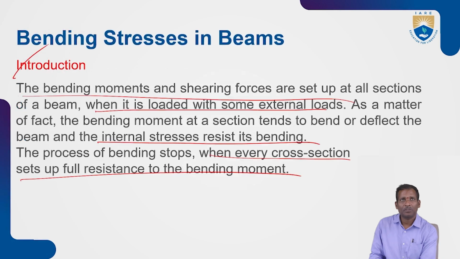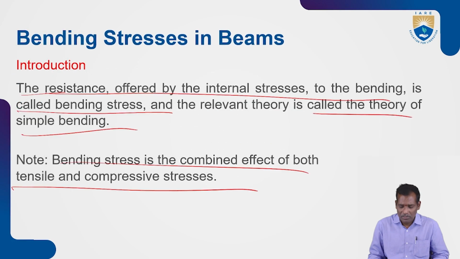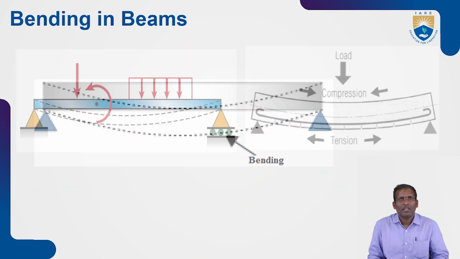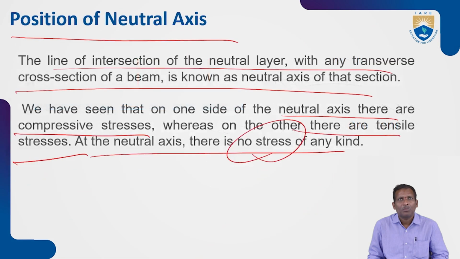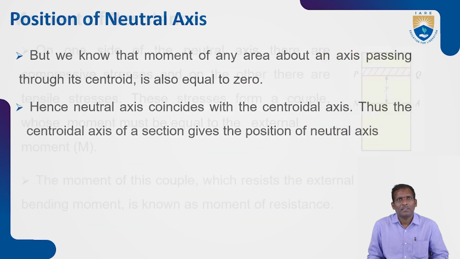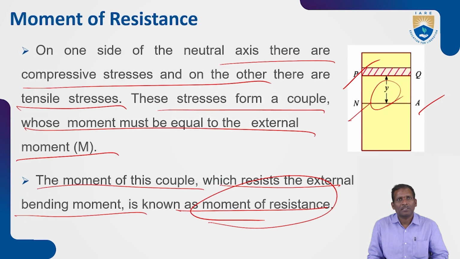So far we have studied bending stresses in beams, and then the position of neutral axis, what this neutral axis is, and how to locate its position for various beams, and then moment of resistance.